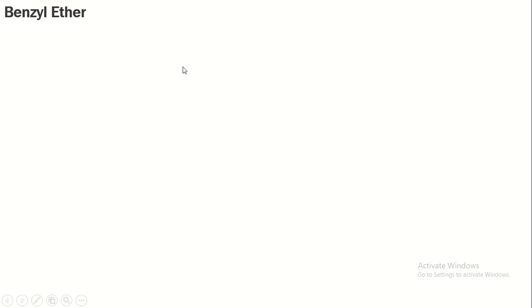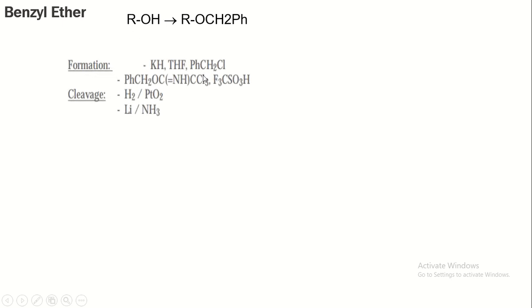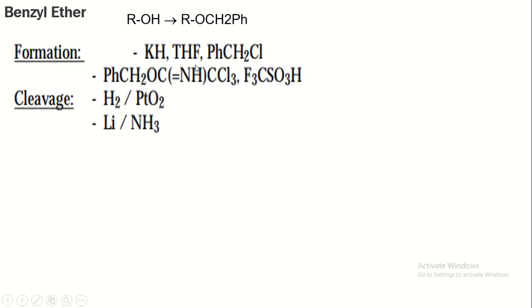Now, by the second way, OH is converted into benzyl ether. It can be done by using benzyl chloride in presence of a base or these types of reagents. The deprotection is done by using simple reducing agents such as H2/PtO2, lithium ammonia, and so on.